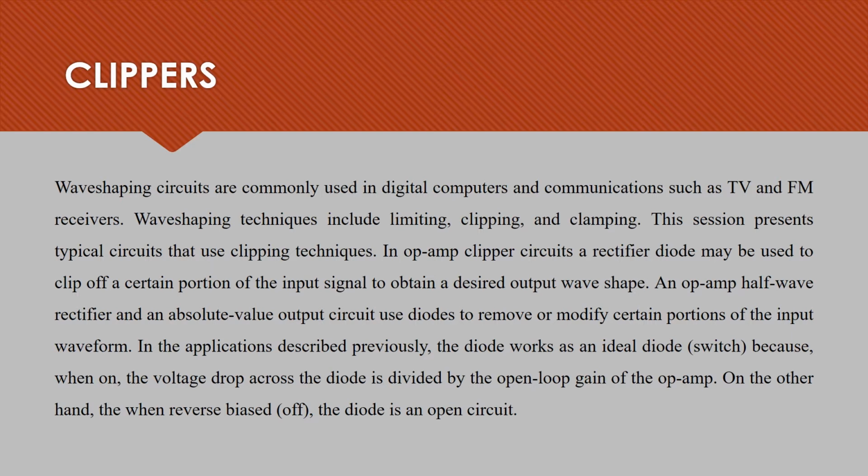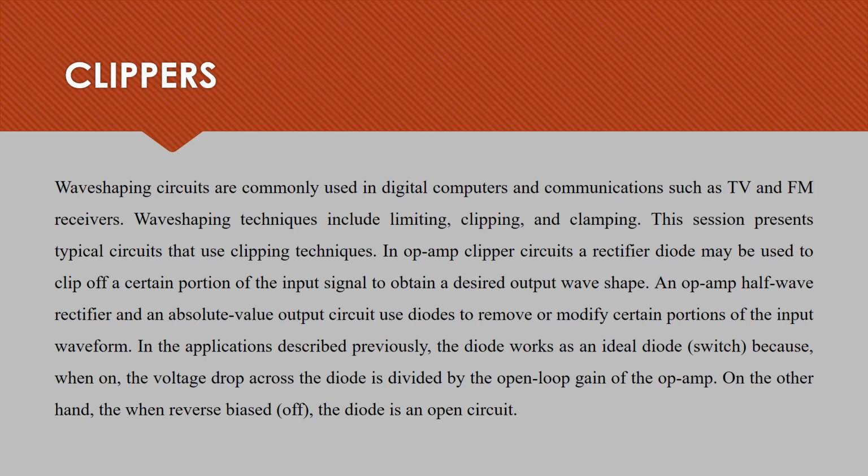In op-amp clipper circuits, a rectifier diode may be used to clip off a certain portion of the input signal to obtain a desired output wave shape. An op-amp half-wave rectifier and an absolute value output circuit use a diode to remove or modify certain portions of the input waveform.